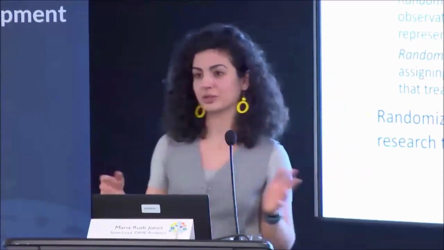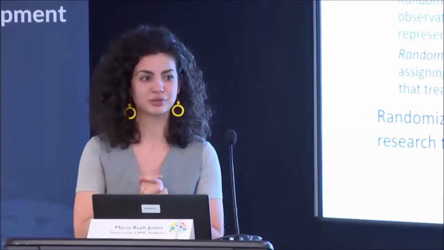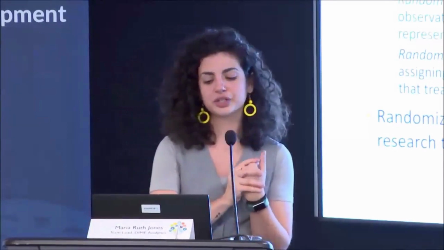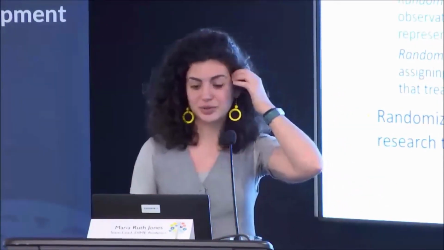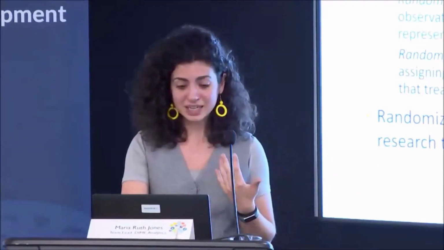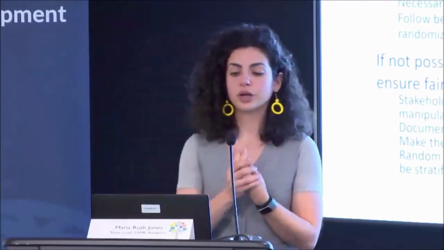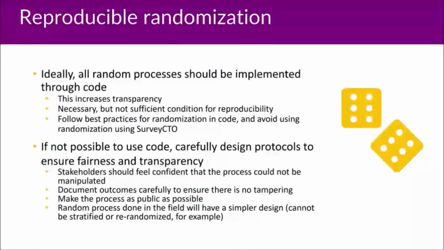Maria has already talked about this more generally in terms of data and research, but this is how it applies specifically to random processes: in general, we want to make sure that these random processes are implemented through code. The reason is that code makes it transparent and easy enough to obtain exactly the same result again.